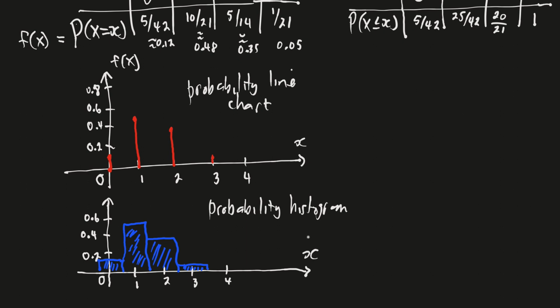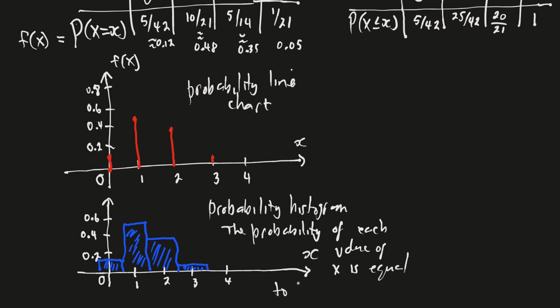So let's put it this way, the probability of each value of x is equal to the area of its corresponding rectangle.